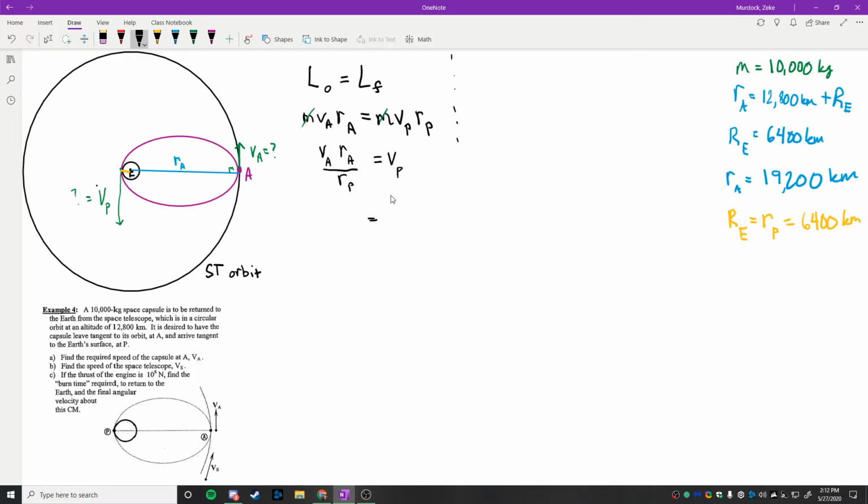But if you look at the way this works out here, if I take RA over RP, I think it's a ratio of like 3 to 1 or something like that. I'm pretty sure this is going to be something like 3 times VA is equal to VP. Can you guys check that real quick and see if that looks right to you? If you plug in RA over RP here, do you get 3?